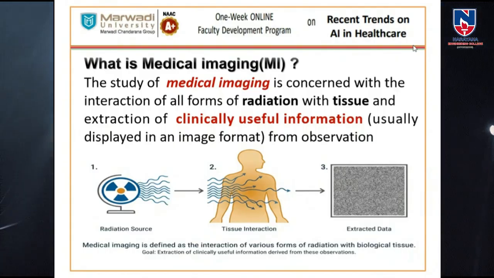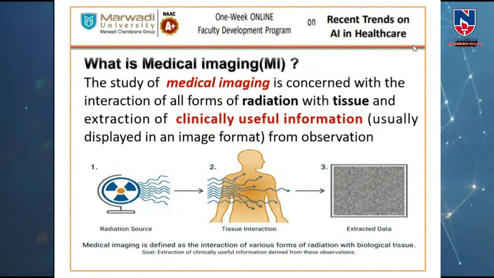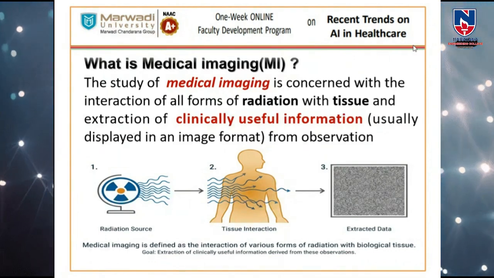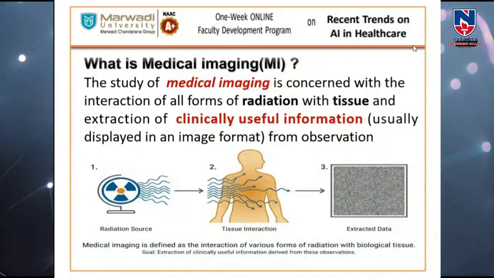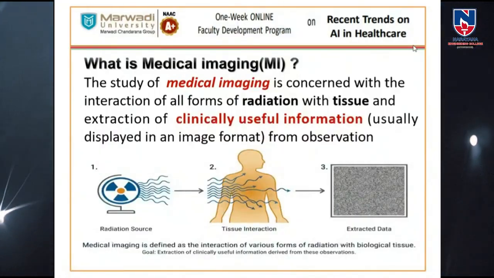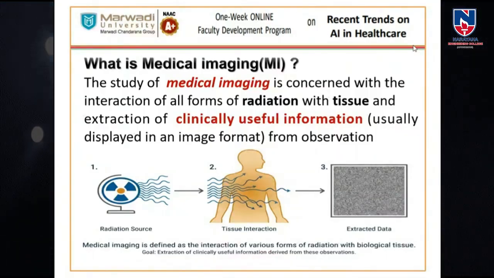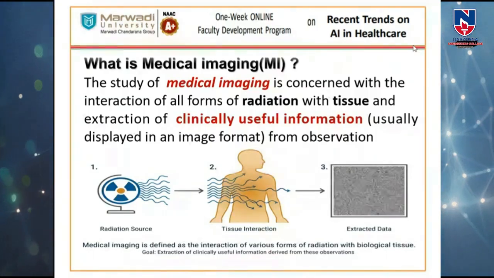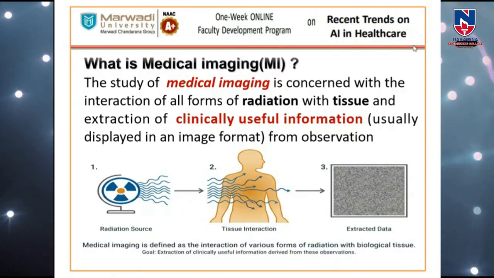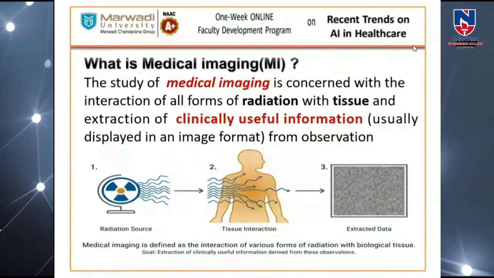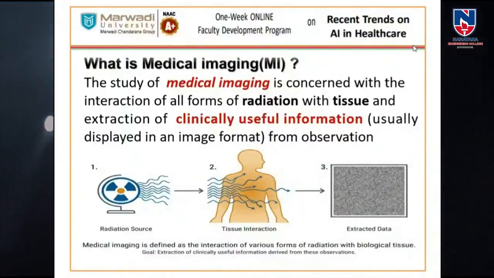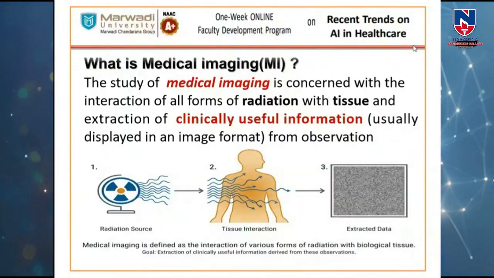That means the radiation source interacts with various forms of biological tissues in the body. Based on the interaction, such as absorption, if an anomaly is found, it will be reflected in the image. That is what we call raw data. As I mentioned, the raw data, for example a CT image, will have 500 plus slices.